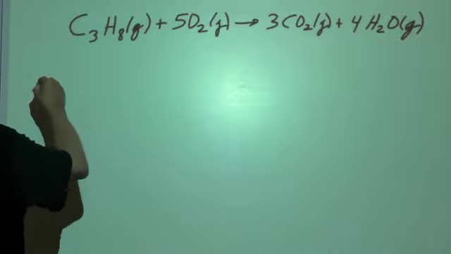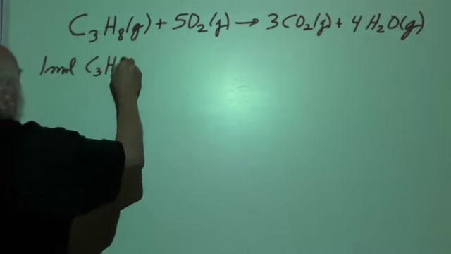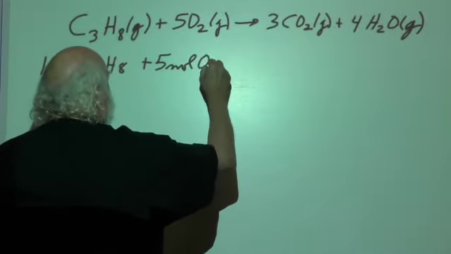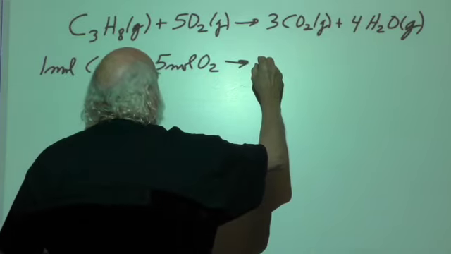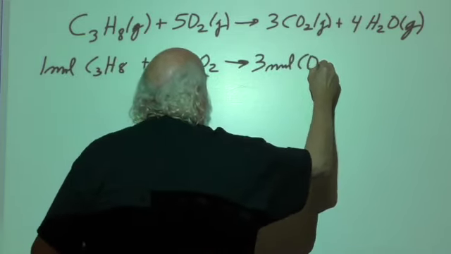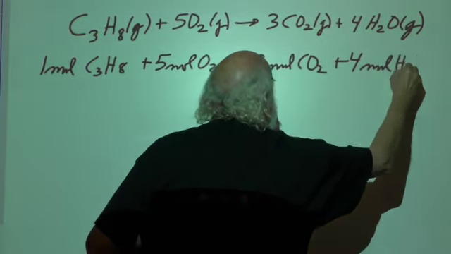So let's write that down. 1 mole of propane plus 5 moles of oxygen yields 3 moles of carbon dioxide plus 4 moles of steam.